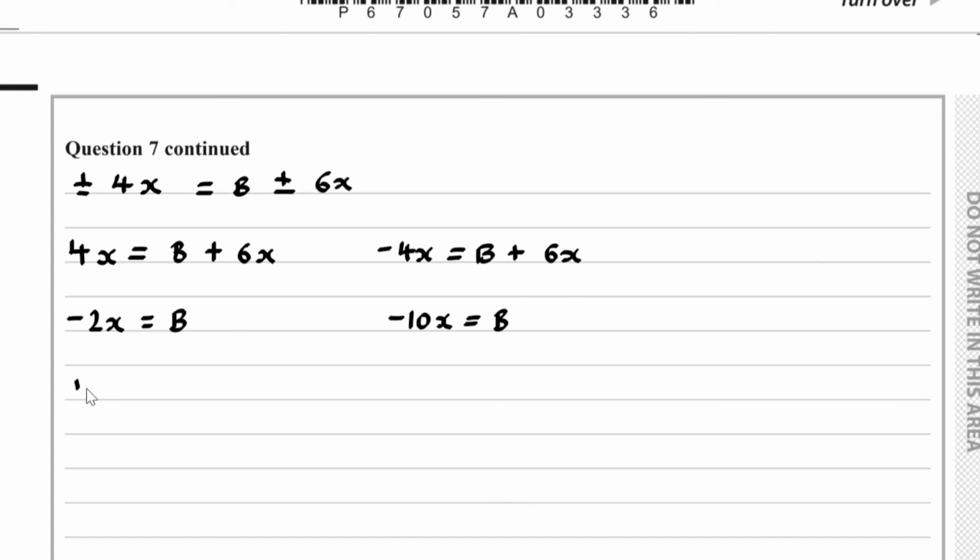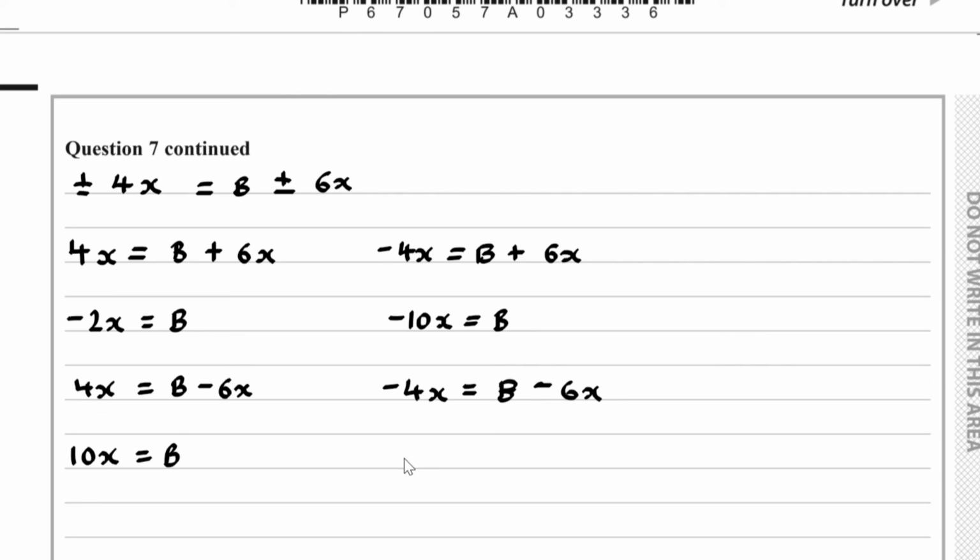But what happens if I've got 4x equals b minus 6x? Well, in this case, we would have 10x equals b. And what happens if I have minus 4x equaling minus b minus 6x?